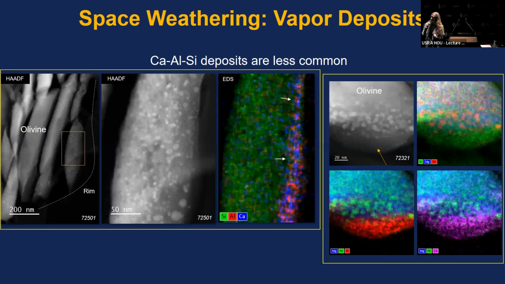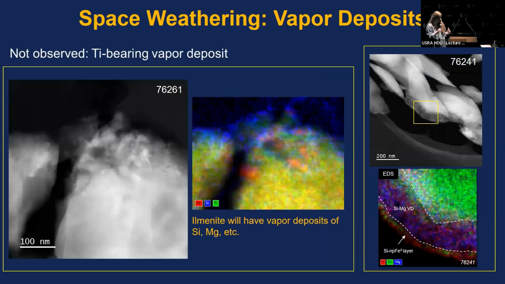And here's another couple of examples of olivine grains that have experienced space weathering, and there are sputter deposits of aluminum and calcium. And here, this one looks more like a melt deposit, just in the morphology. But we do encounter these less commonly.